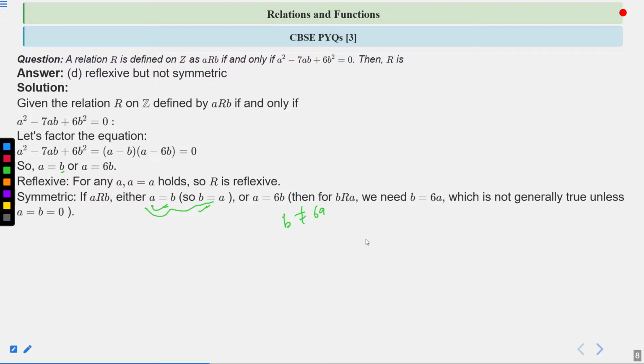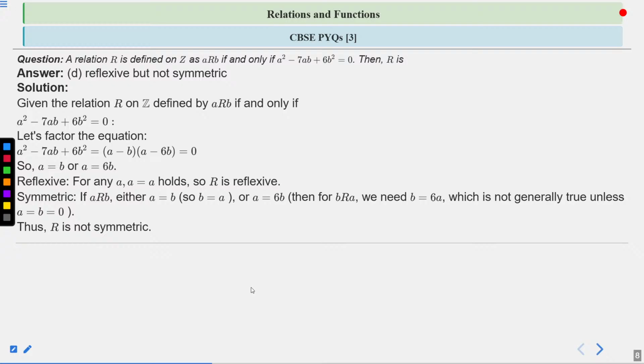Suppose (1, 2) is lying, then (2, 1) must lie. But here A equal to 6B is happening, but B equal to 6A is not happening. So it is not symmetric. Thus R is not symmetric. So option D is correct: the relation R we have defined is reflexive but not symmetric, right?